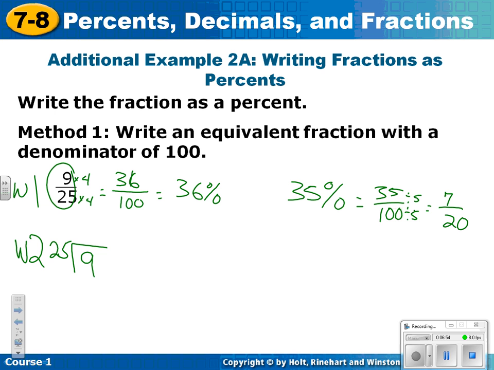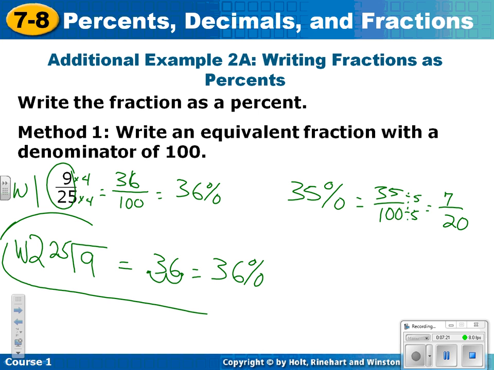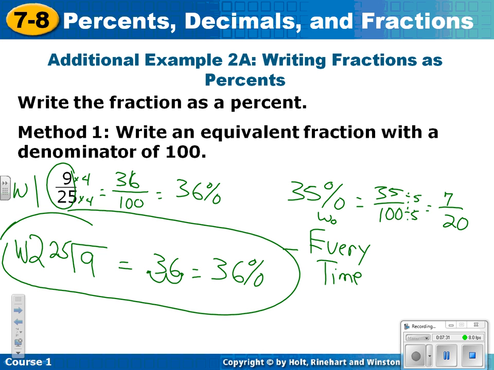What is 9 divided by 25? 0.36. Okay? This works every time. Then all you got to do is move this decimal 2 spots, which equals 36%.